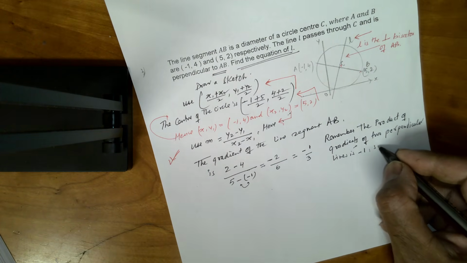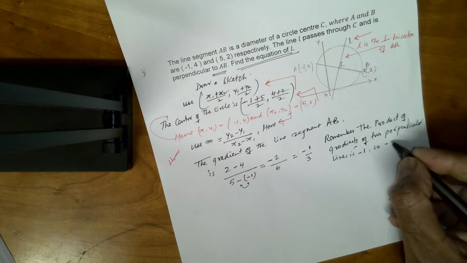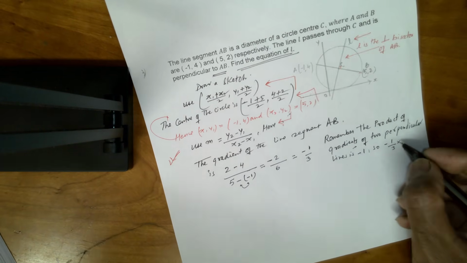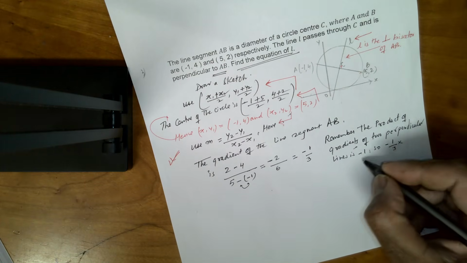So it says minus 1 by 3 multiplied by 3. How did we get this?